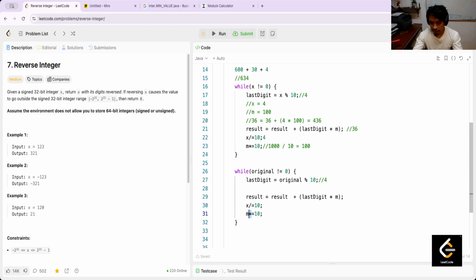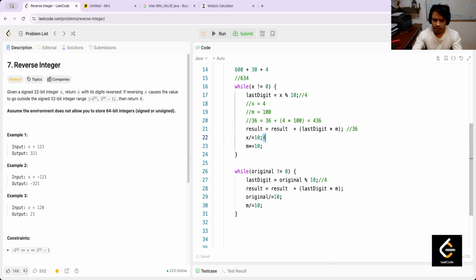Here instead of multiply, it is divide. Now let me check here.